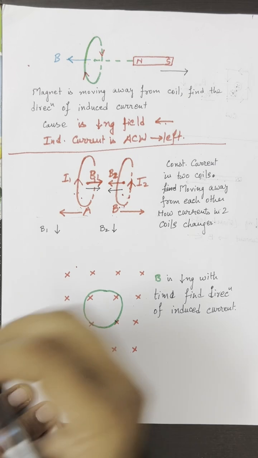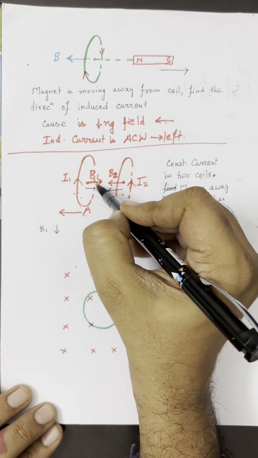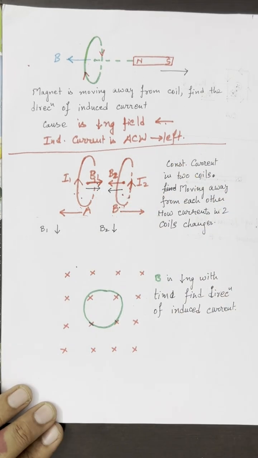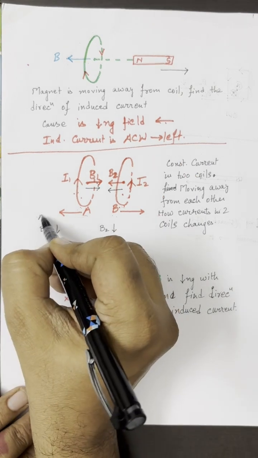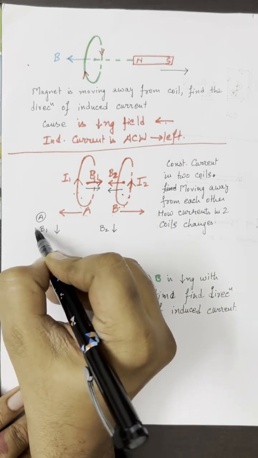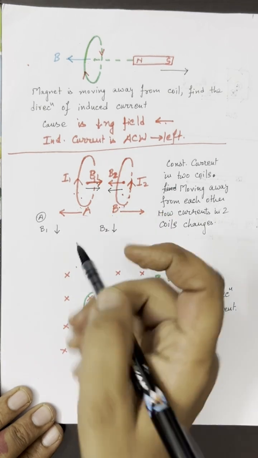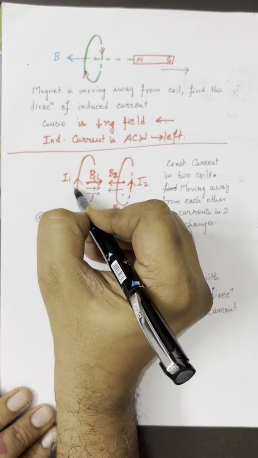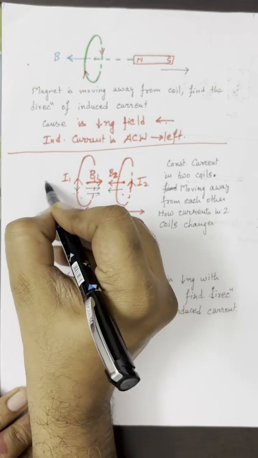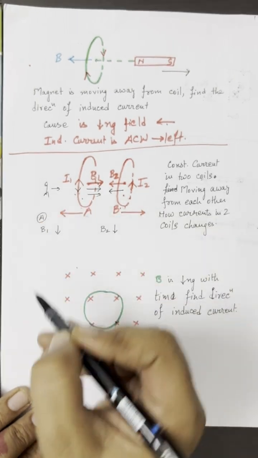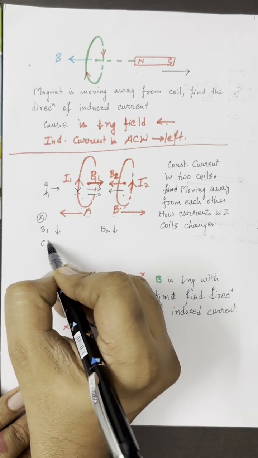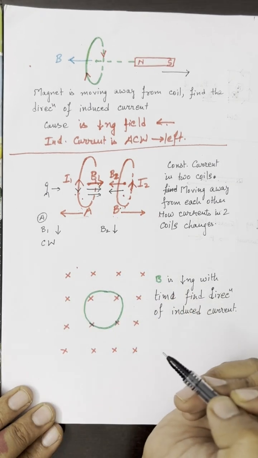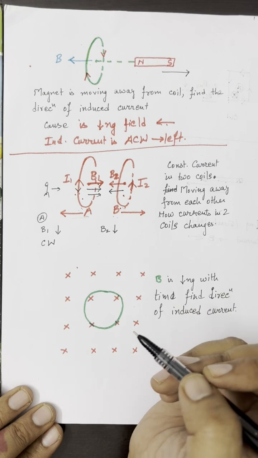So the induced current in A, for coil A I am talking about, will be towards this direction. If we are seeing from the left side, it has to be clockwise. So the direction of induced current has to be clockwise in A.